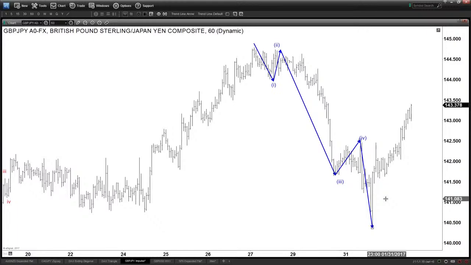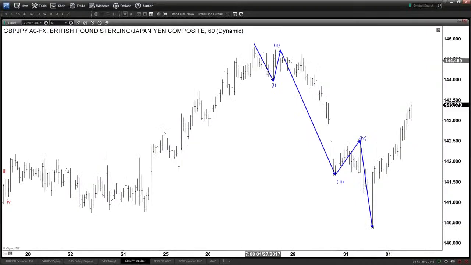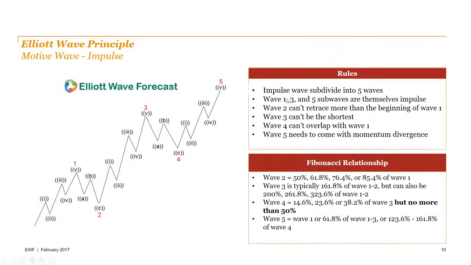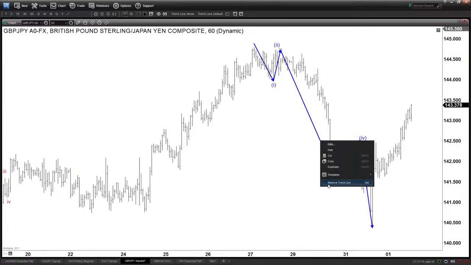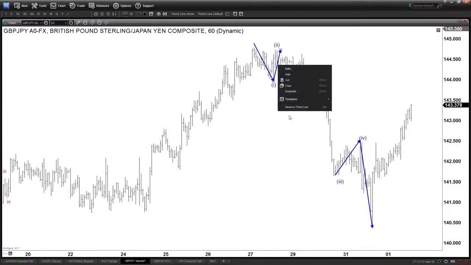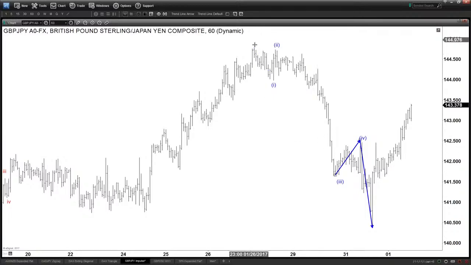Impulse. And again, this is subdivided into 5 waves and so on. You notice here that wave 3 is the longest one, typical of an impulse. Now we do not see the internal of this, but this looks like a diagonal here. We're going to talk about diagonals, which are 5 waves.